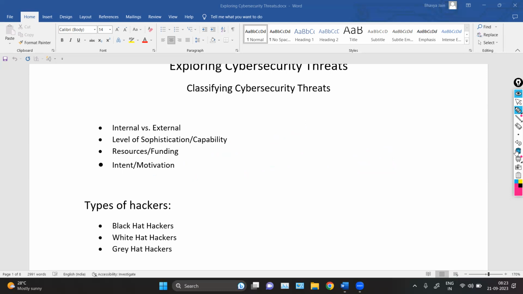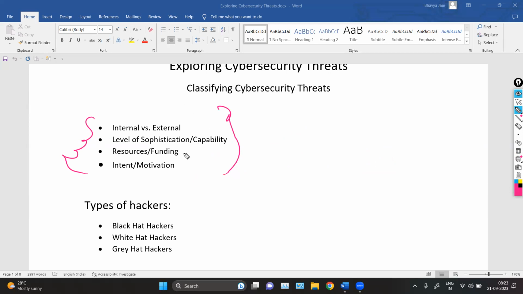So before investigating anything, we have to check these four points. First, whether it is an internal attack or an external attack, which is the source of that attack or the source of the security event. Then level of sophistication or capability: what kind of tools, techniques, or methods the attacker used, and what is the impact of the attack on the company.